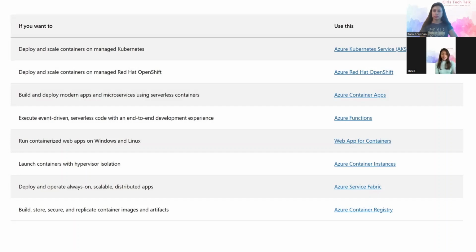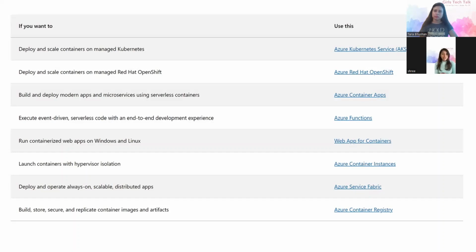You can start with Container Instance, try to understand what it is, and then scale accordingly. As a quick example, Visual Studio Online and Azure DevOps both use Azure Container Instance.